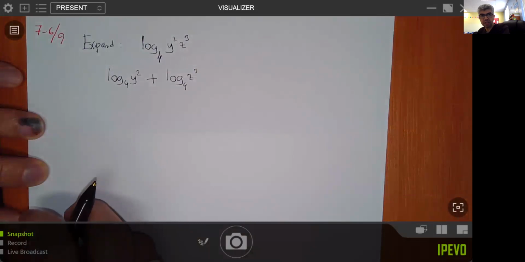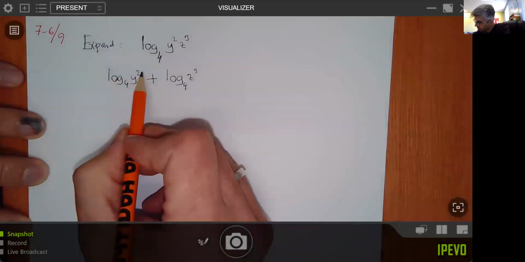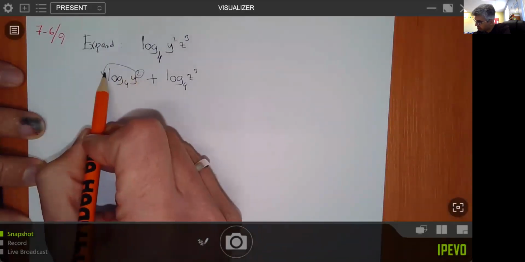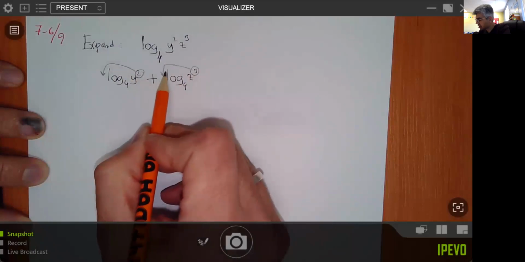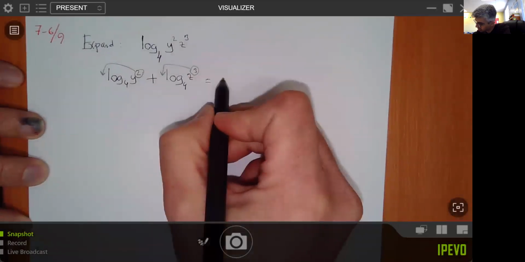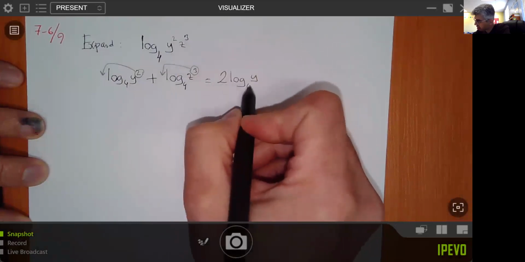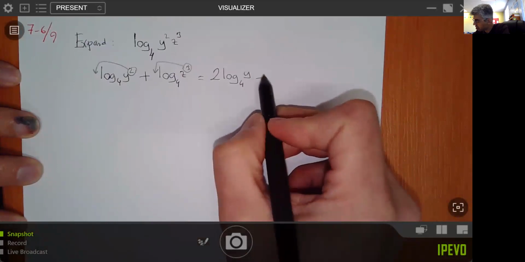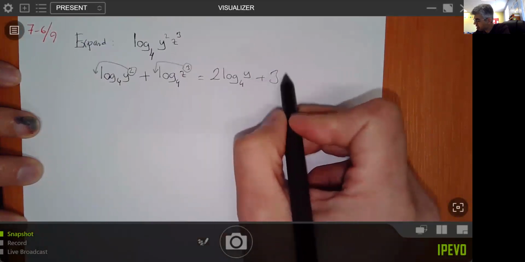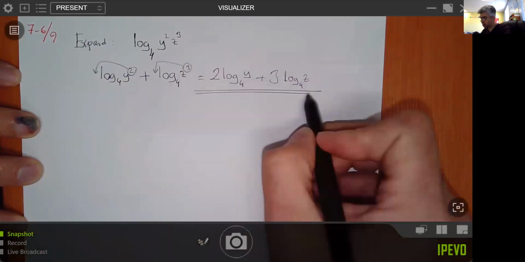And here, what else can we do? We have the exponents. They must be written as coefficients. So we have 2 log y base 4 plus 3 log base 4 of z. This is the answer.